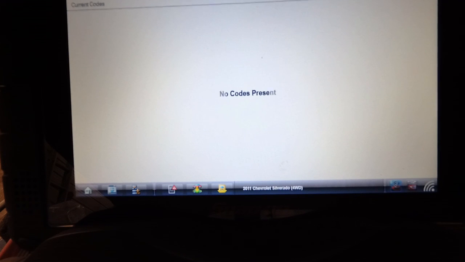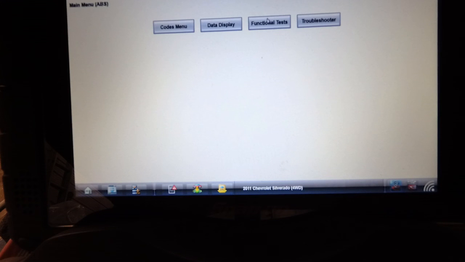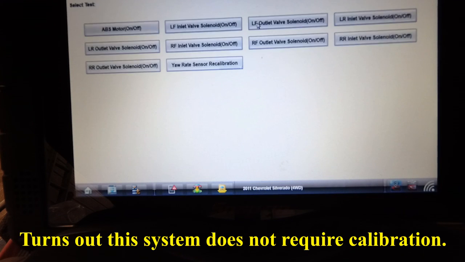Good. Now we're going to go into functional test, output controls, yaw rate sensor calibration.